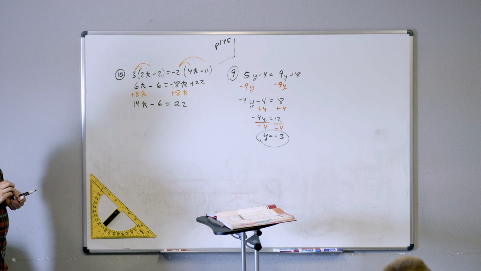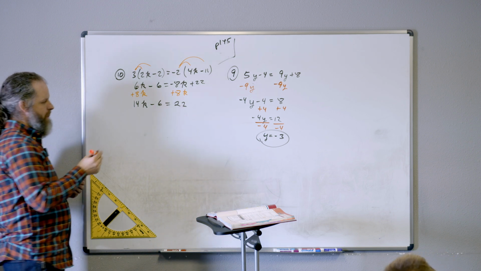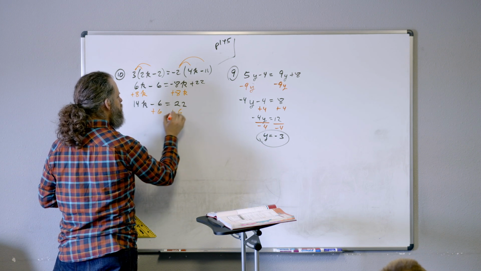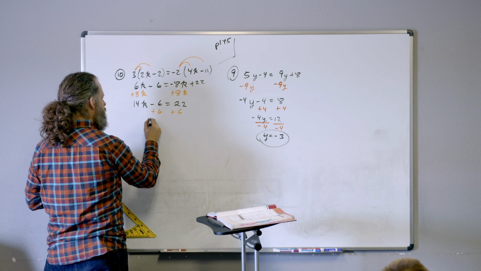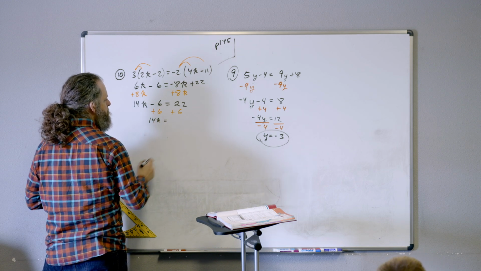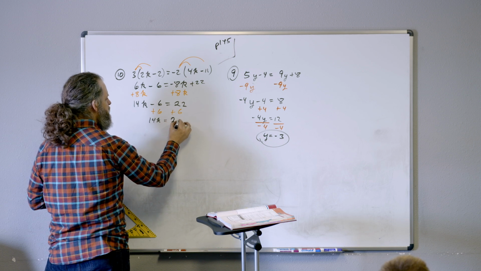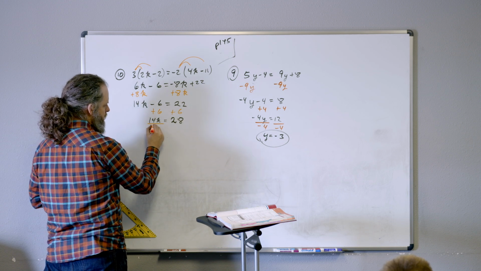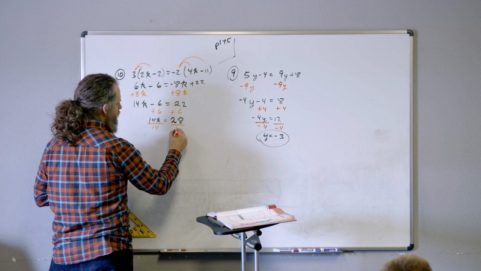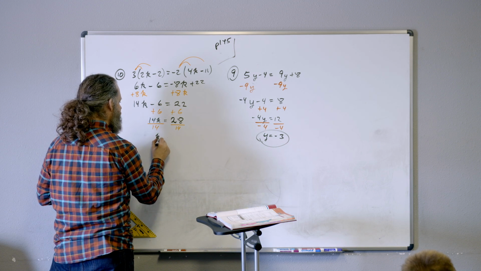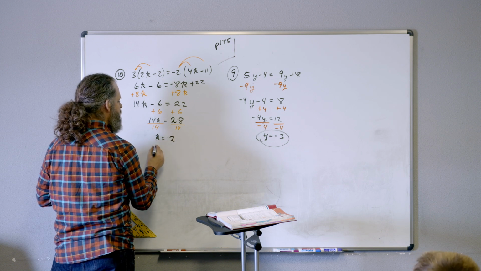And then what? Plus the 6. So 14k equals 28. Now what? Divide by 14. K equals 2.